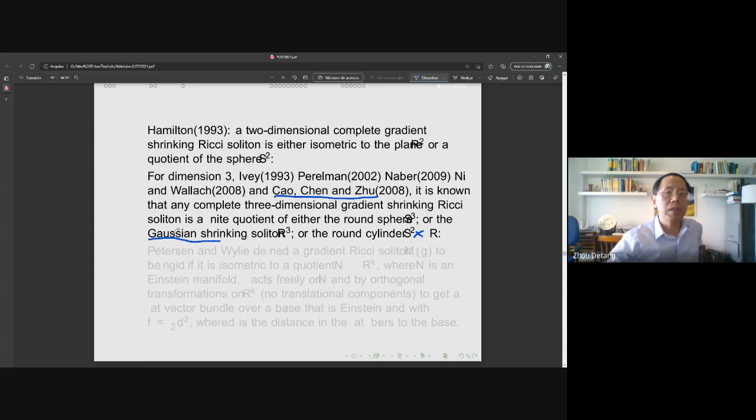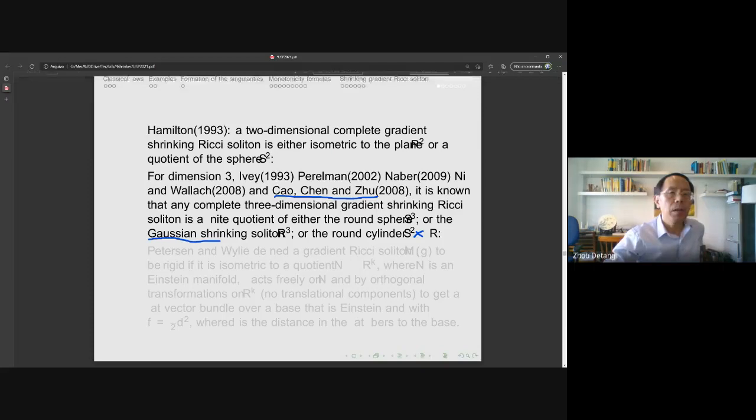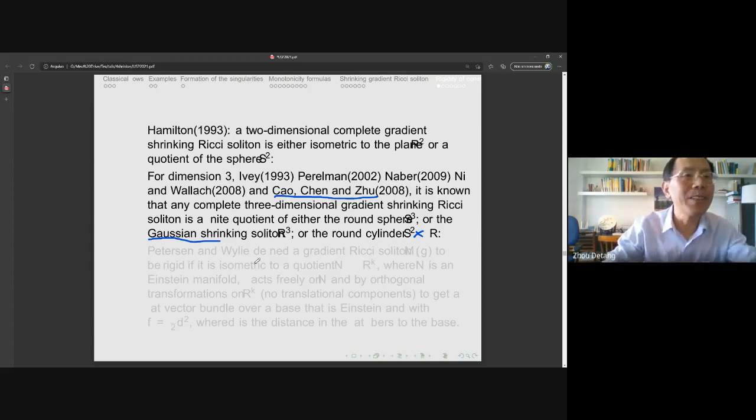That means they have a classification of all the gradient Ricci solitons in the three-dimensional case. I didn't check it. I don't know why this PDF is different from the one I put.